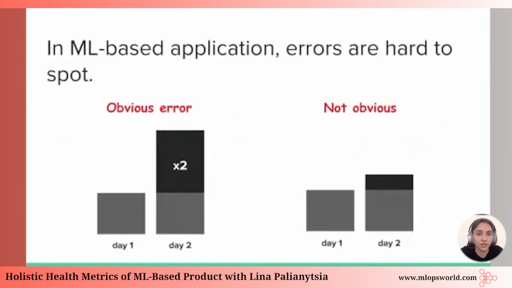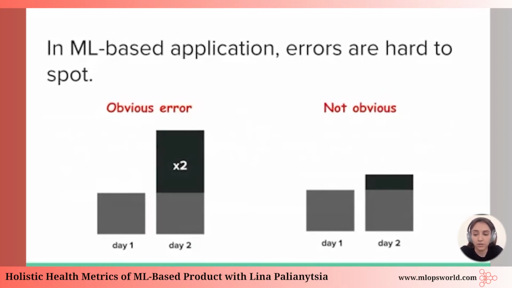And I suggest that reliability is kind of a big pain point for machine learning. Well, it's because it's pretty hard to find errors when we have a machine learning application. I mean, it's hard to see them.